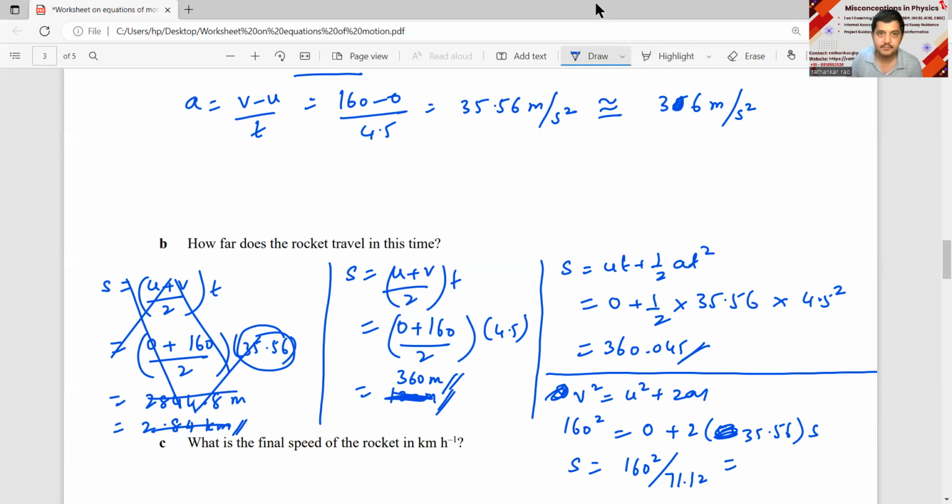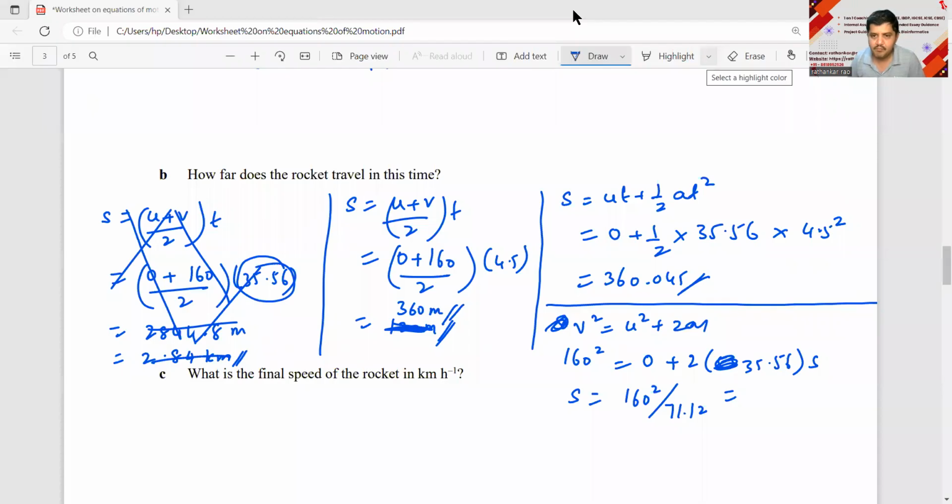Let me just recheck it. I'm not getting the correct answer. Okay, let me redo it once again. I got it here. The answer I'm getting is 359.96, which is once again closer to 360 meters. So by all the three methods, we have got this to be around 360 meters.